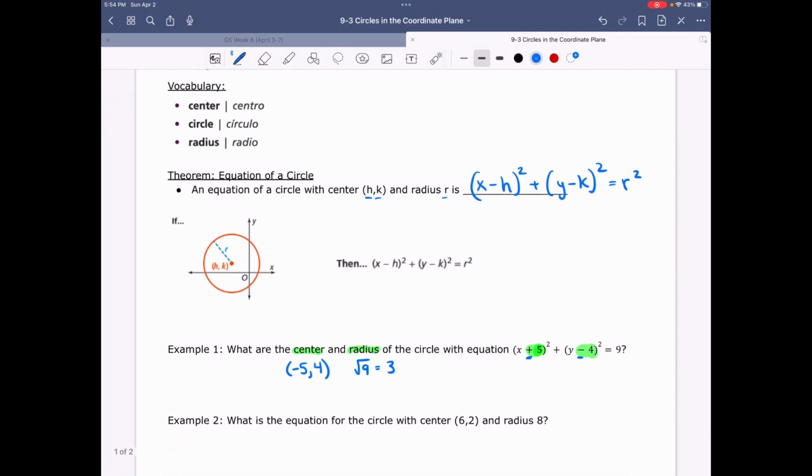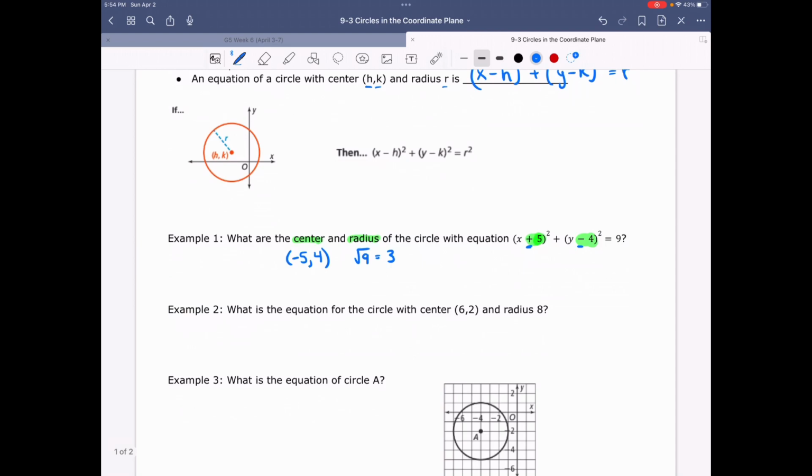Example 2. What is the equation for the circle with center (6, 2) and radius 8? Well, let's label 6, 2 as h, k. So the equation is going to be (x minus h) squared plus (y minus k) squared is equal to r squared.